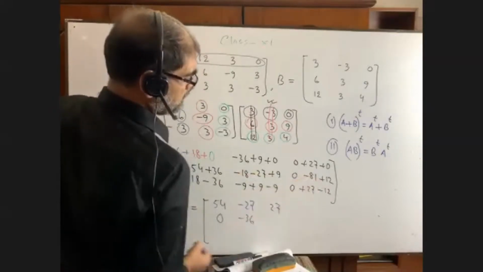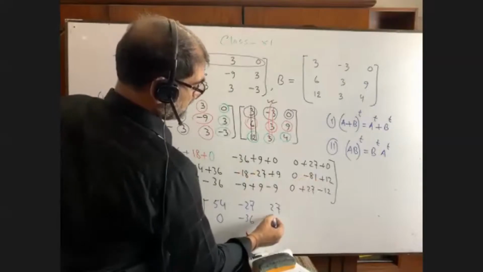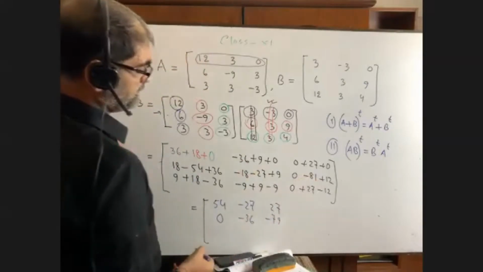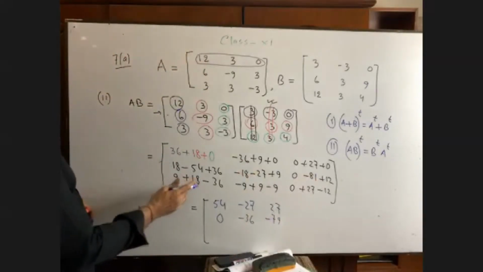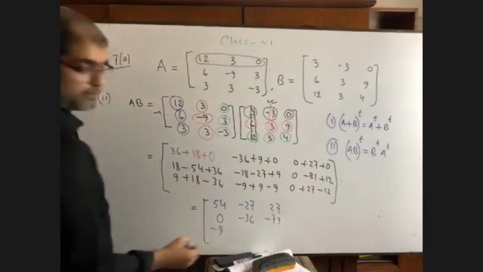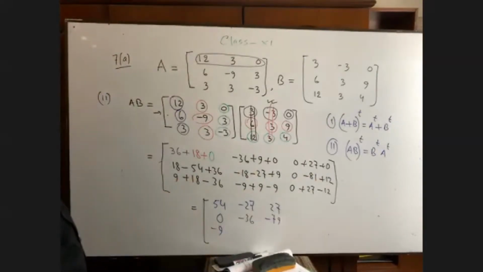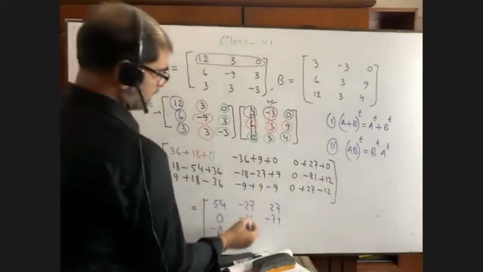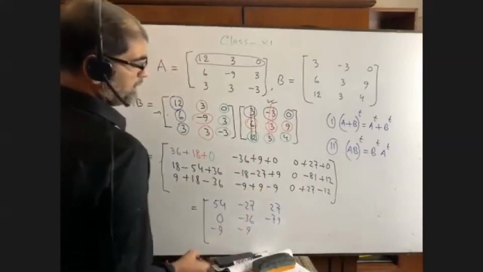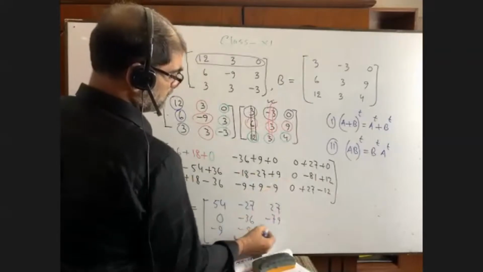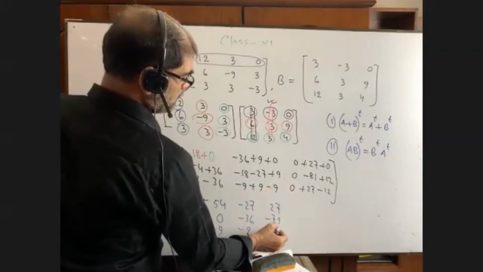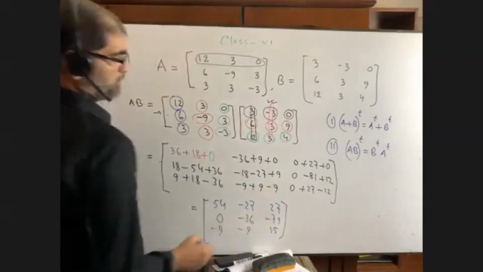It is what? Minus 79, perhaps. This is minus 9. Can you see this? Yes, you can see. This is minus 9. And this is 27 minus 12, that is 15. So we have got the left-hand side of question number 2.